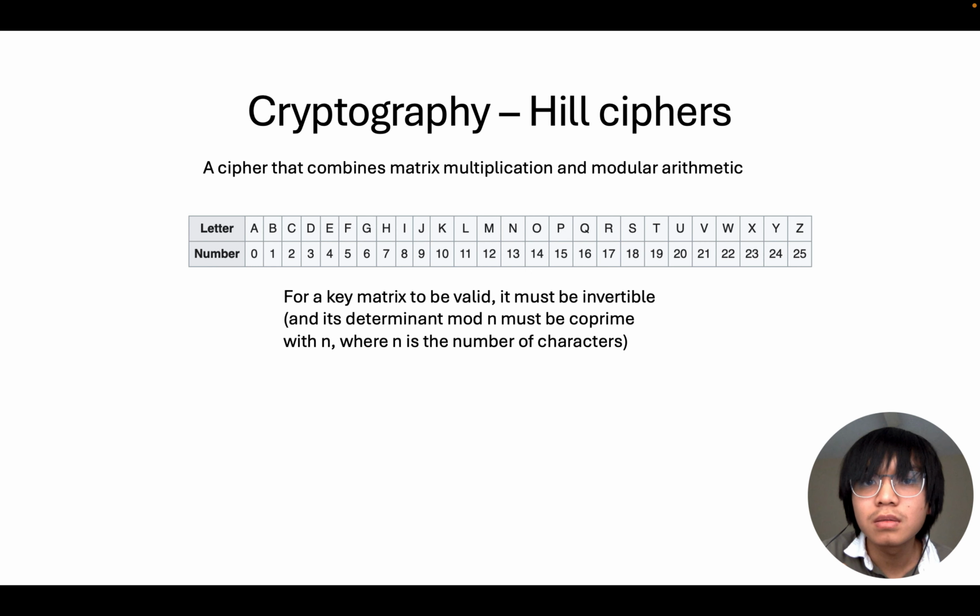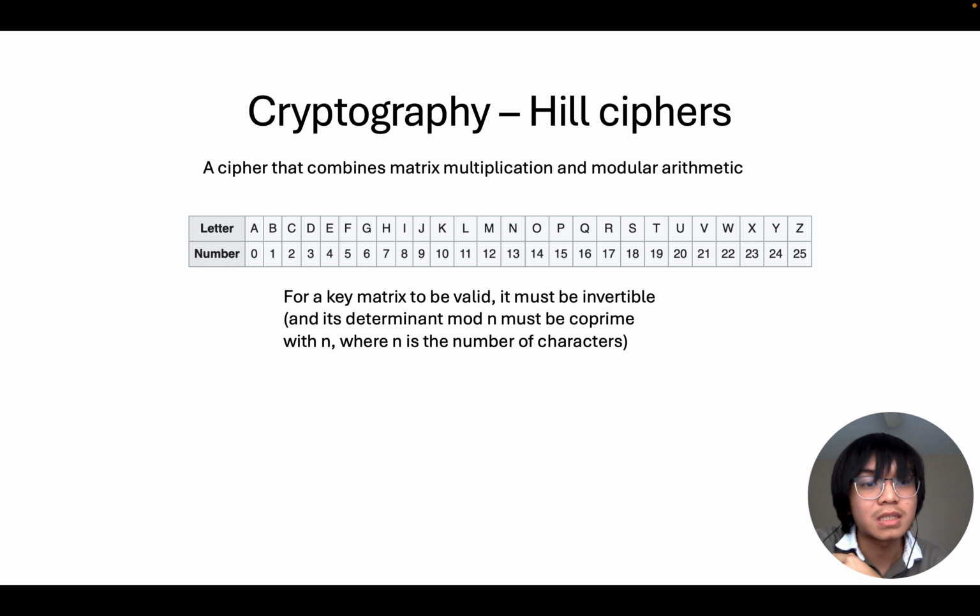All right, now we get to go into the applications of this. Now we get to apply what we've learned about determinants and see how that works out with other things. Now we get into Hill ciphers in cryptography. I'm not going to go too in depth into this since my group already covered Hill ciphers in our collective video. Essentially, it's a cipher that combines matrix multiplication and mod arithmetic.